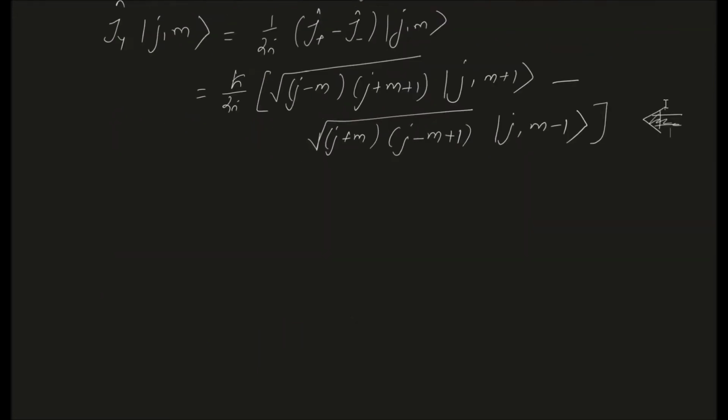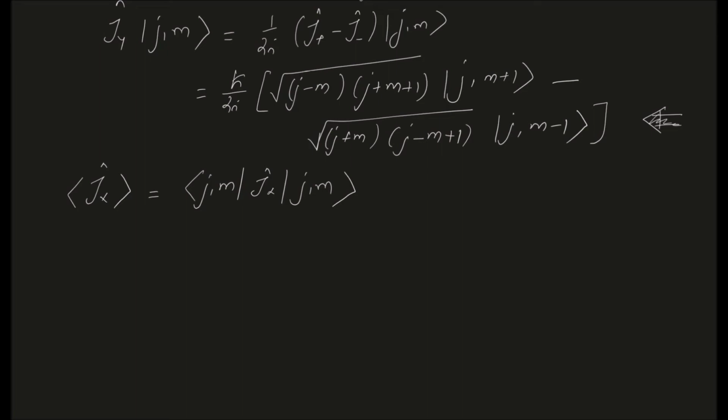With this we can proceed to find the expectation values of various operators. The expectation value of Jx is obtained from the expression bra jm, Jx, ket jm.